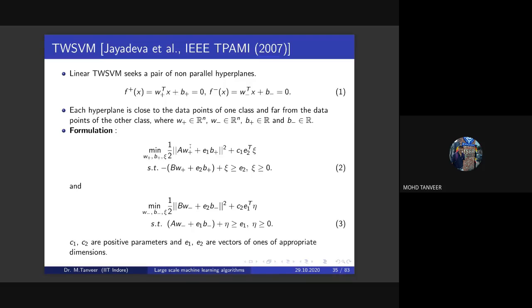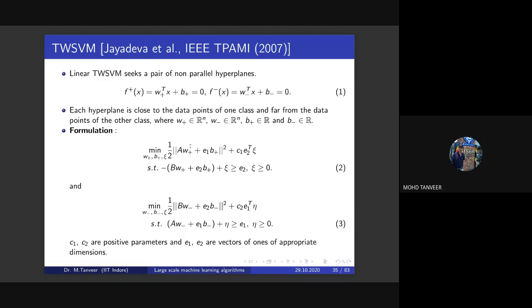Subject to the constraints, the essential objective of equation 2 is that the data point should be very close to class +1 and it should be far from the other class, that is class B, class -1. So the idea coming in is proximality, the proximal SVM concept, and the non-parallel concept.